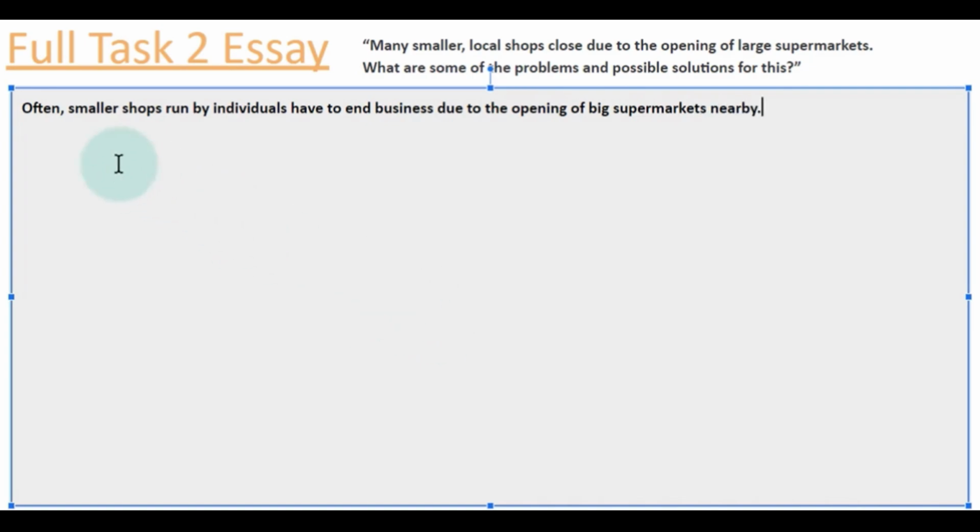I think that's perfectly fine. Often, smaller shops run by individuals have to end their business, just add that in, their business, due to the opening of big supermarkets nearby.